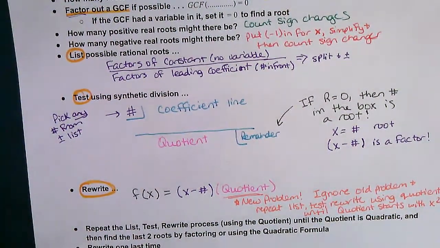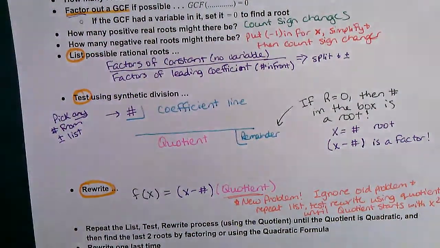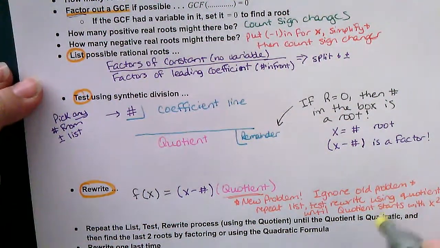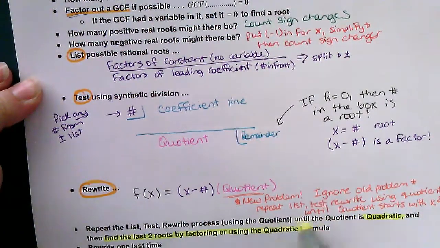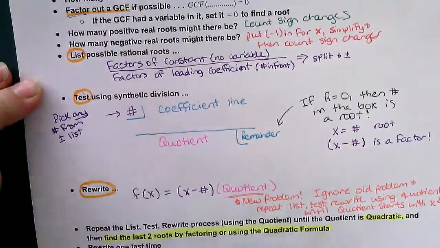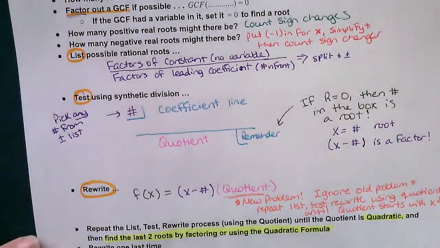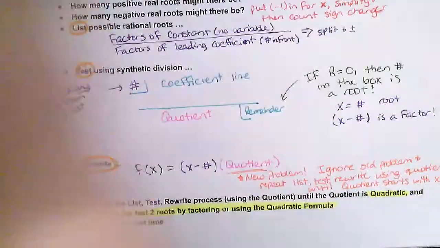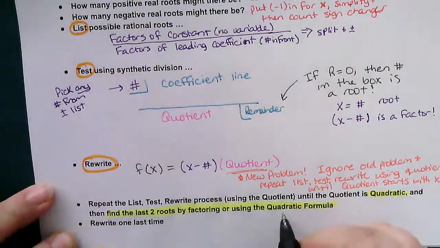When it starts with x squared, that means it's quadratic, okay? And when your quotient is finally quadratic, then you will find the last two roots using the quadratic formula. Okay, so quadratic formula should sound familiar because we've done it before.